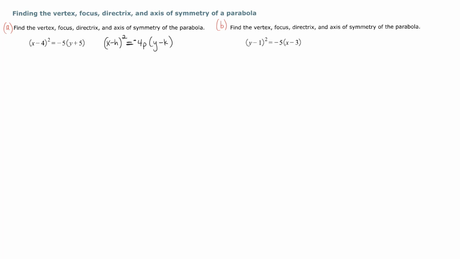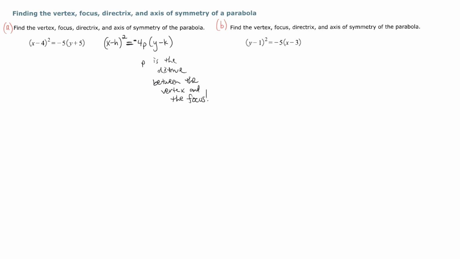So first thing you want to do is recall the definition. Remember, p is the distance between the vertex and the focus.